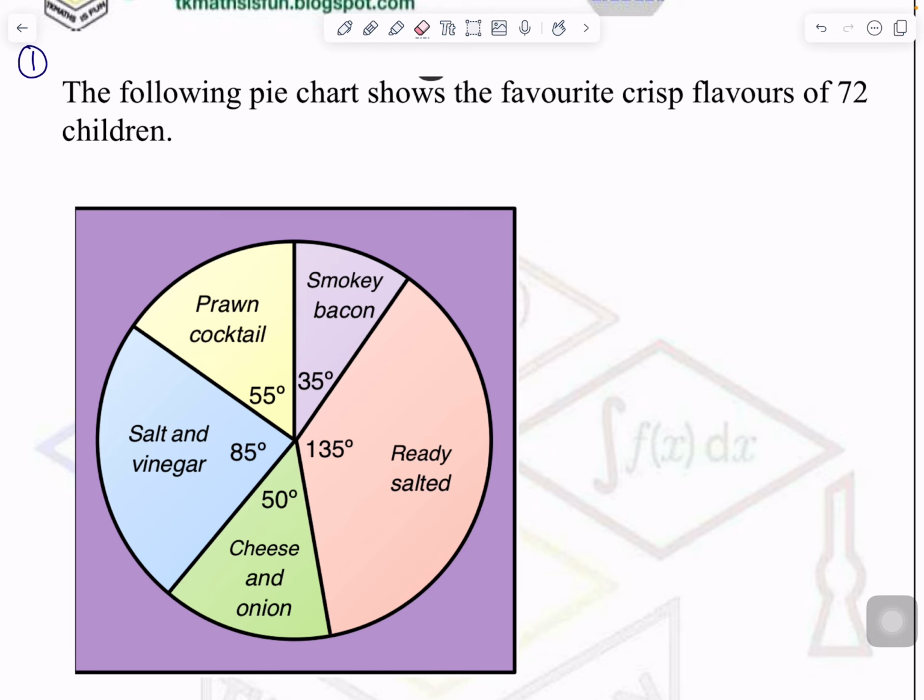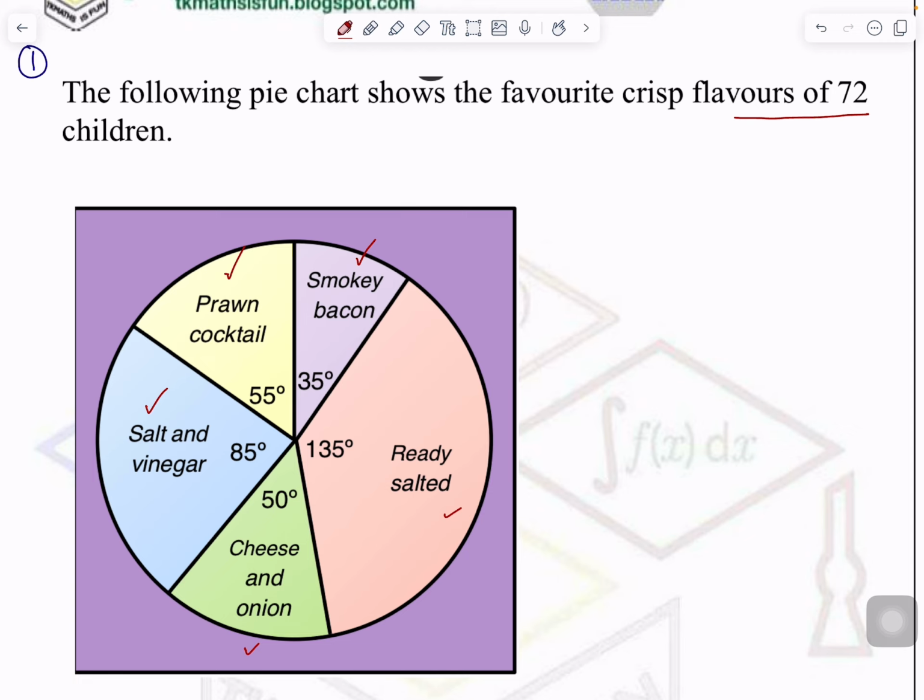So first question is, total number of children is given to you here, which is 72, right? And it is about their favorite flavors. And it is given in the pie chart what degree is representing each type. For example, smoky bacon, prawns cocktail, salt and vinegar, cheese and onion, ready salted.